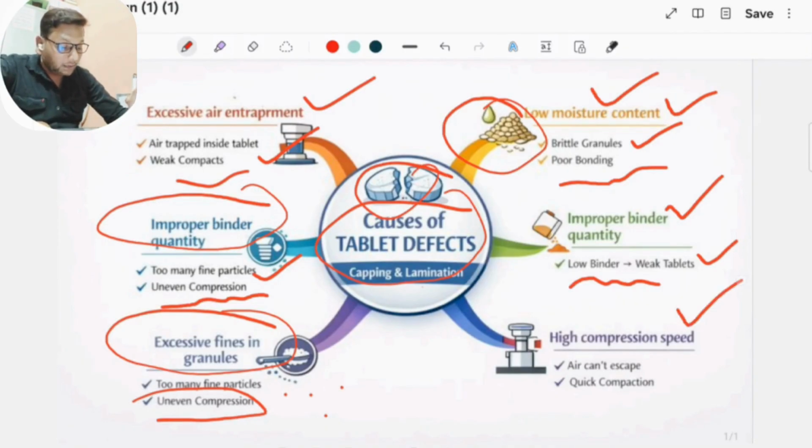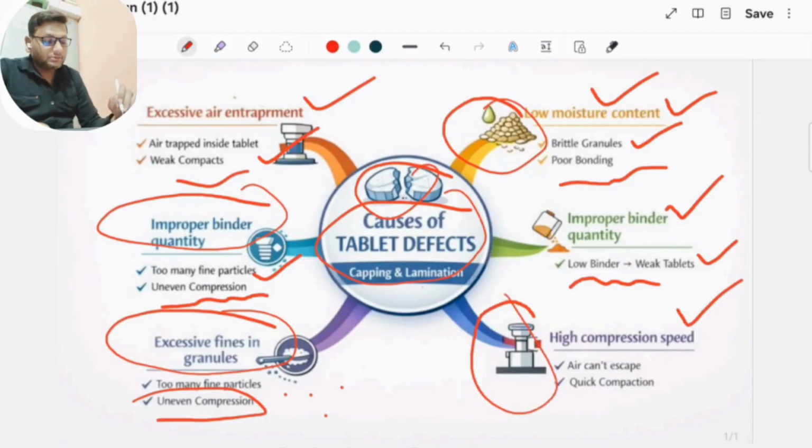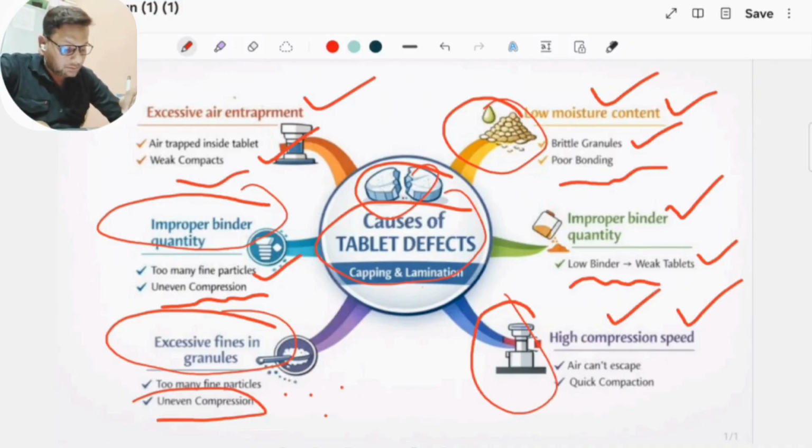Then high compression speed. If the punching machine which we are using is of high compression speed, that will lead to problems with air escape. Means air can't escape in that situation, that also leads to capping problem.